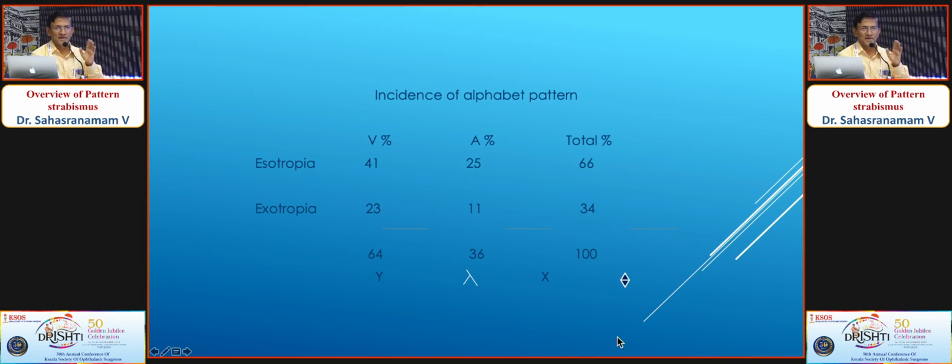And if you look at the incidence, the alphabet pattern strabismus is seen more in esotropias than exotropias. And amongst the common alphabet patterns, V pattern is more than A pattern.